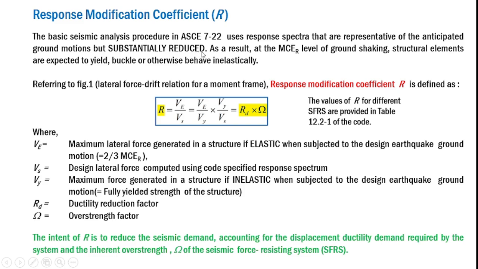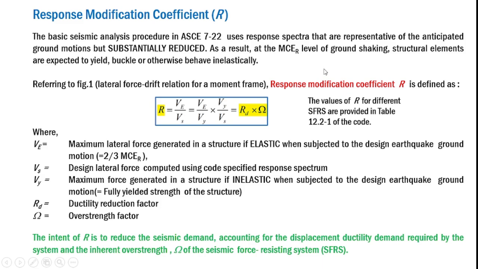And here comes the relevance of response modification coefficient capital R. Accordingly, remember that the structural elements are expected to yield, buckle, or otherwise behave inelastically when subjected to the actual ground excitation represented through the risk targeted maximum considered earthquake, MCER.